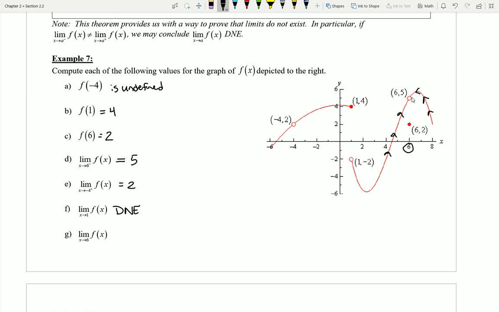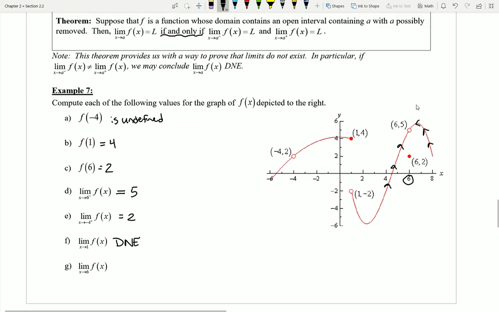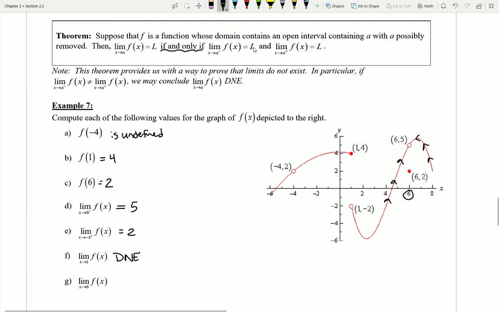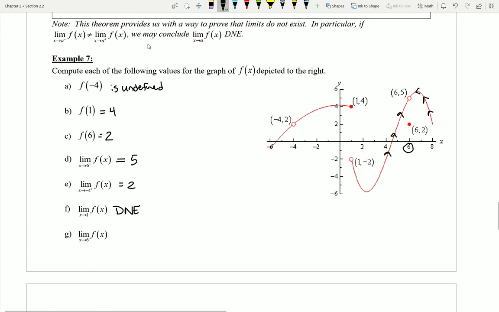From the other side, I'm approaching 5. And so, like what I have up here, if both sides lead me to the same point, then the limit is exactly that. So here both directions are leading me to the y value of 5, so I'm being led to the value of 5. Hopefully you were able to get some answers like this.